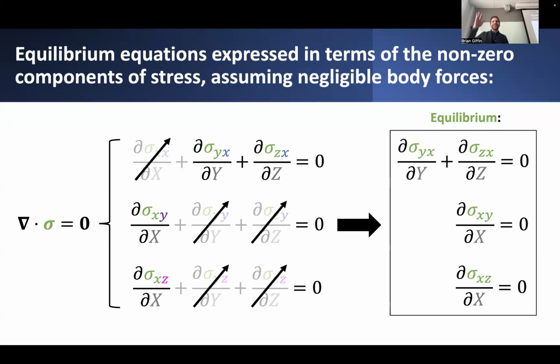And let's also say, for the sake of simplicity, that there are no external body forces, that the body force terms that would show up on the right-hand side of our equilibrium equations just go away. Let's just say it's equal to 0. In that case, our equilibrium equations boil down to just these 3 expressions relating the different components of the shear stresses.